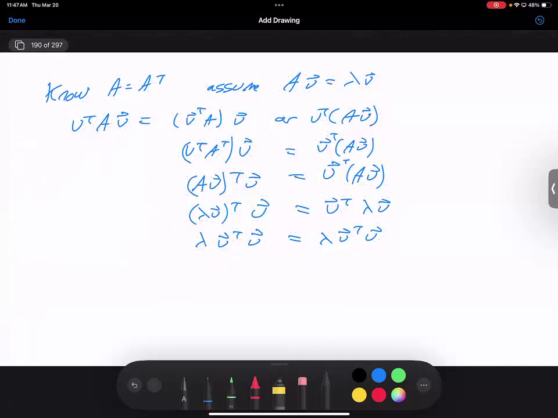So this is the advantage. So rather than looking at V transpose V, I can just change things ever so slightly. And what I'm going to do now is I'm going to do the Hermitian.